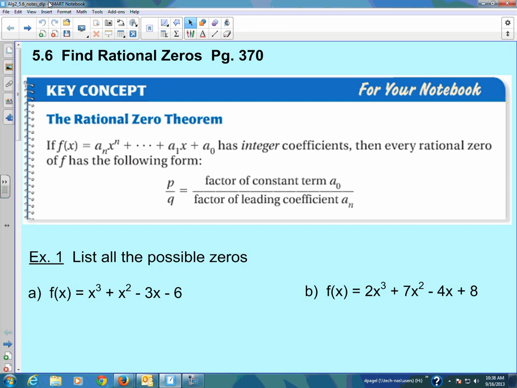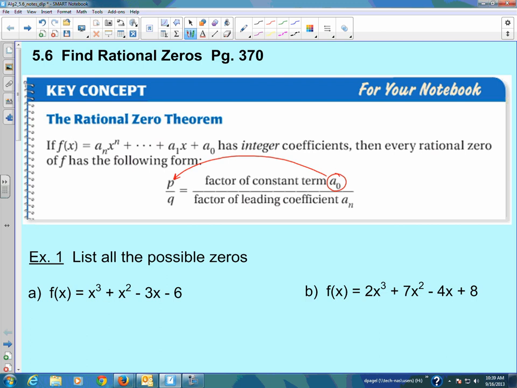So the rational zero theorem states that if you have some polynomial in the descending degree order, it has integer coefficients, then every rational zero of that function has the following form, where we're taking the factors of the constant term, a subscript 0. We'll find all the factors for that.